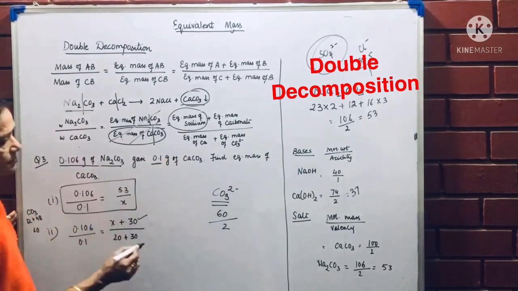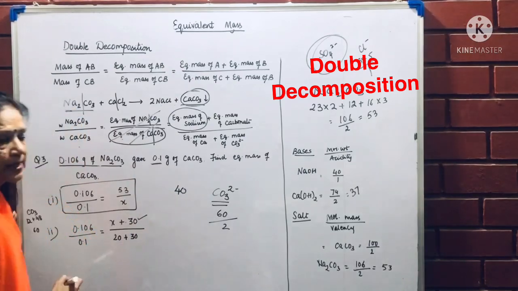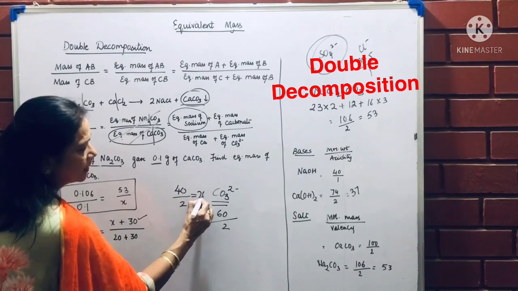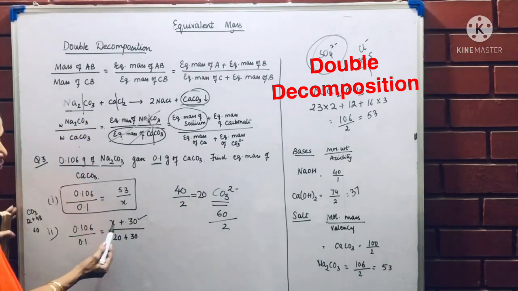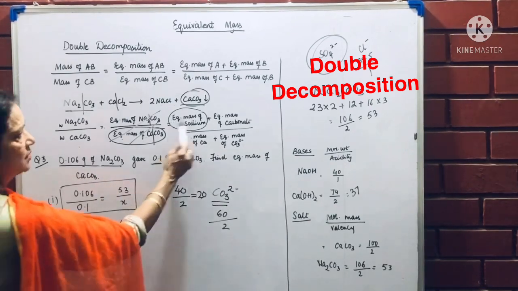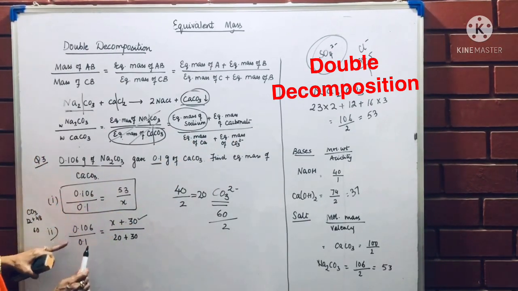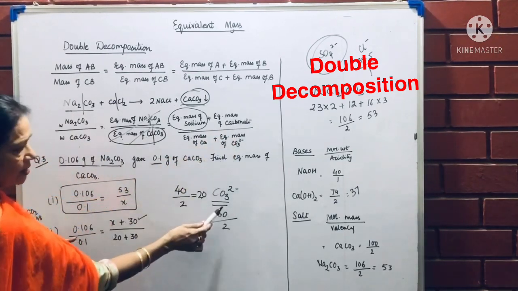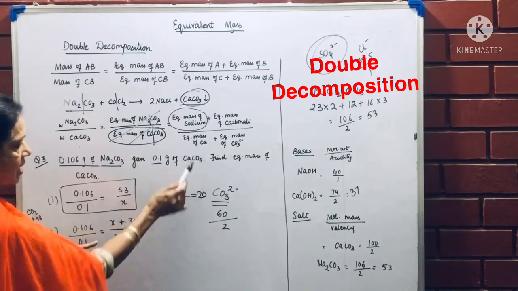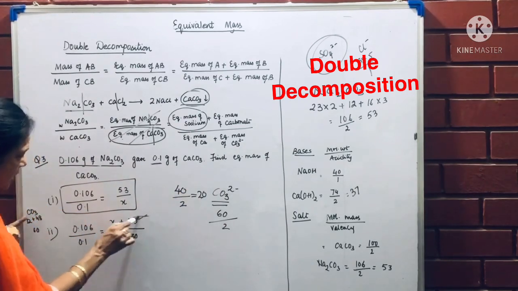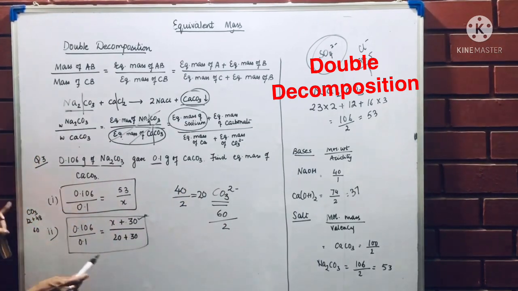Equivalent mass of calcium: atomic weight of calcium is 40 and its valency is 2, so divided by 2 it becomes 20. So I've substituted 20 here, and 30 for carbonate in both places. In this formula, 0.106 upon 0.1 is equal to x plus 30 upon 20 plus 30. Again, by a simple equation, find the value of x.